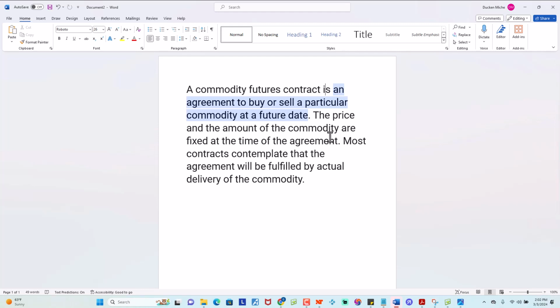You come to me and say, all right, I would like to buy it at the price it is now, but I don't want to pay now. I just want to sign a contract with you that this is the price now, and I'm going to pay you 3 months later. So if the price is $5 now, I would say okay, $5, and 3 months later you pay me $5.